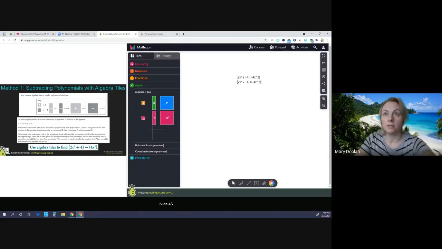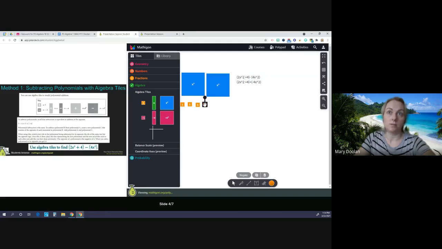Now I can show this with algebra tiles. 2x squared means I have 2 x squareds, plus 4, so I have 4 of these orange colored ones. This represents the first binomial, 2x squared plus 4. And now I'm adding to it the opposite of what I had before, because to do subtraction, we change it to an addition problem.